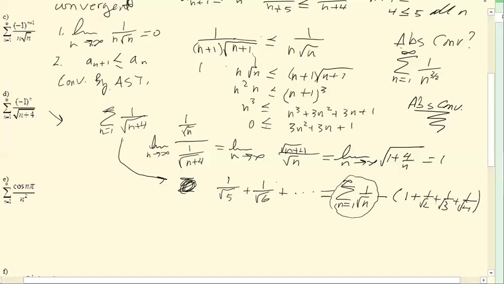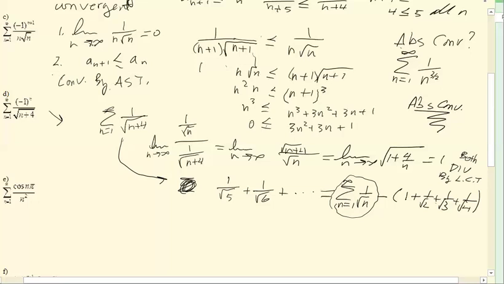So that's another argument. You can say it took us just as much work to do that as it did to use the limit comparison test up here. So this was divergent by LCT. So I used to say that they're both divergent. Anyway, it's not absolutely convergent. That's what this tells us.